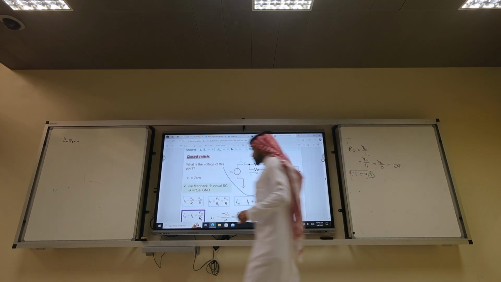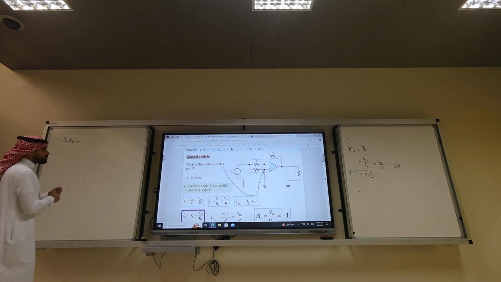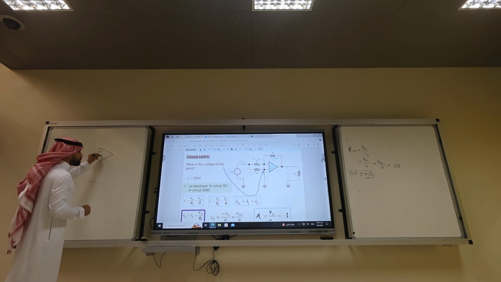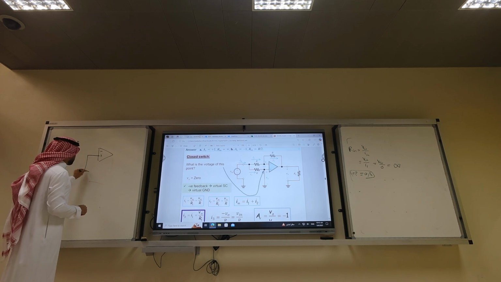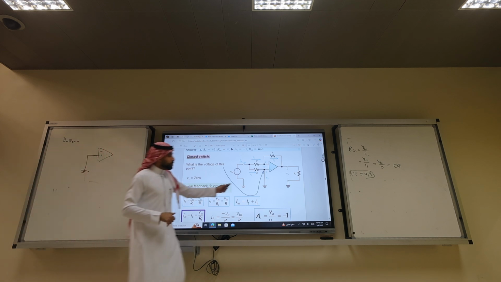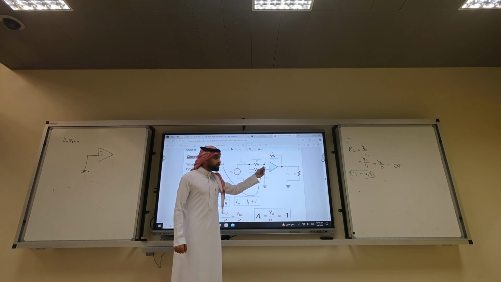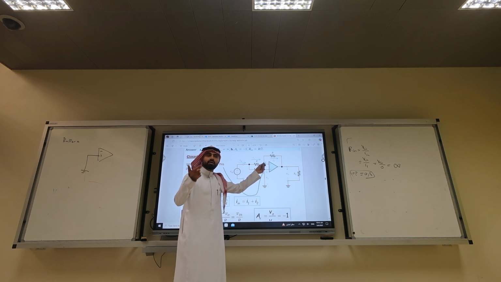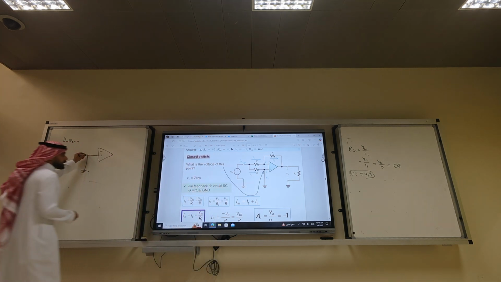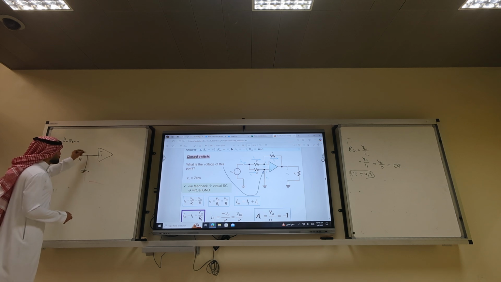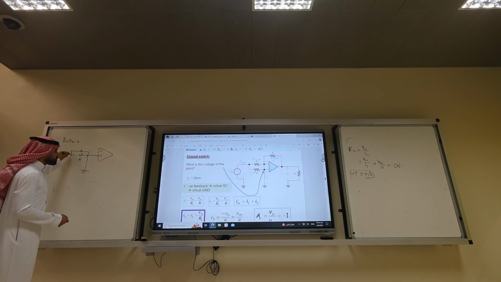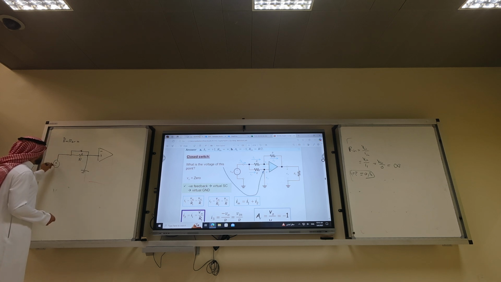So what is the circuit? We have an op amp. Again, we love to see this ground connected, it makes us feel comfortable, because we can put ground here and it makes many things easier for us. Keep in mind we're connecting a resistor R, and then on the same positive terminal we have another R, and then we have V input.